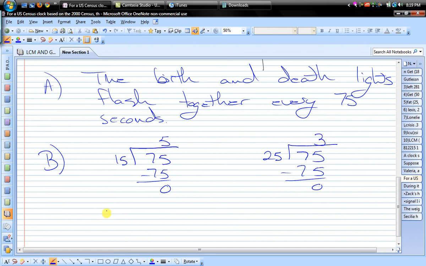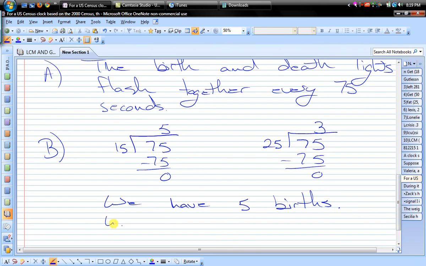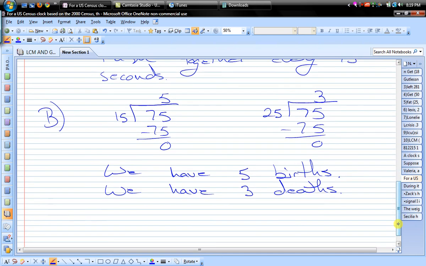Okay? So we have 5 births, or 5 increases in the population. We have 3 deaths, or 3 decreases in the population. And the difference between the two is 2.